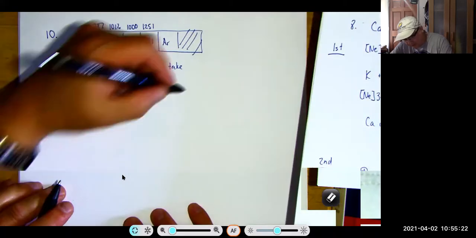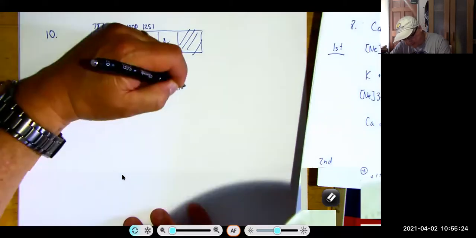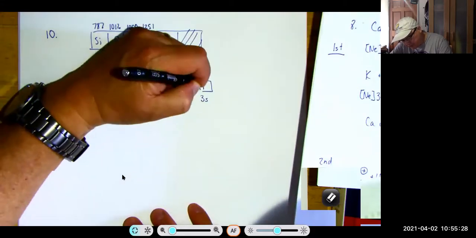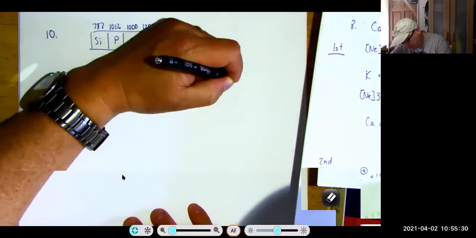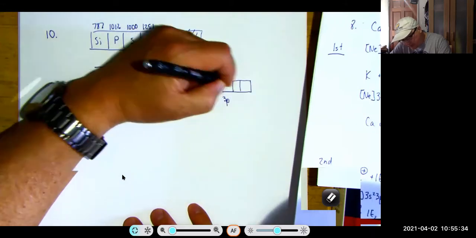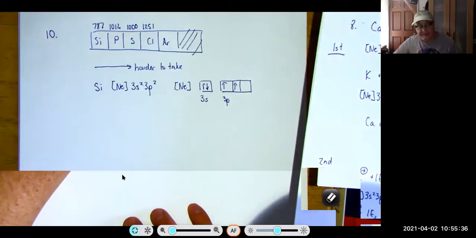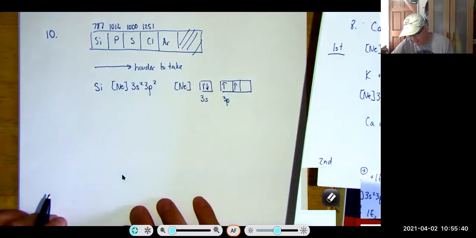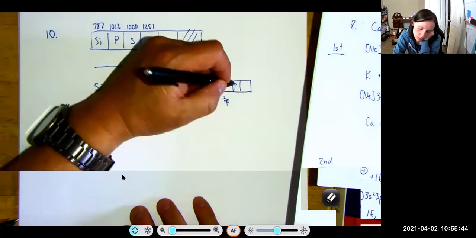So that also makes it neon 3s2, 3p2. Okay? So which electron are we taking? The farthest on the right.